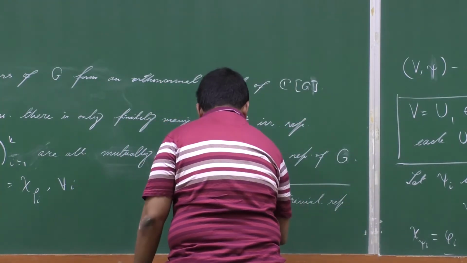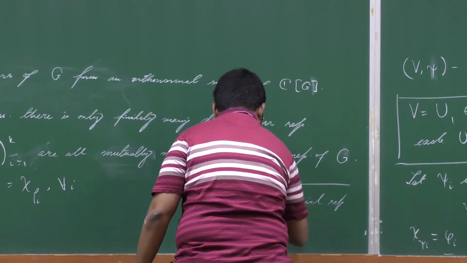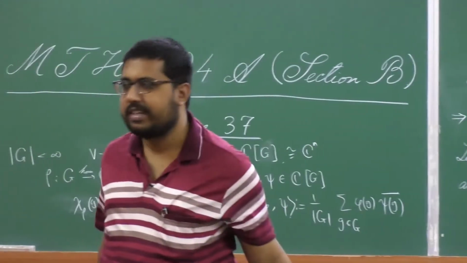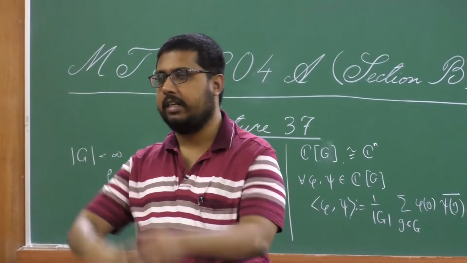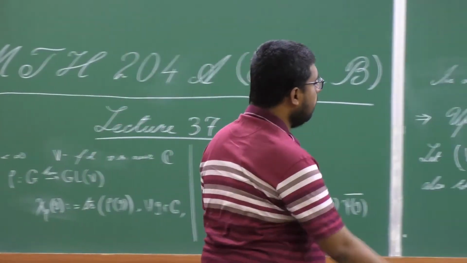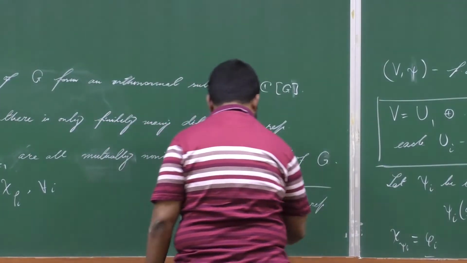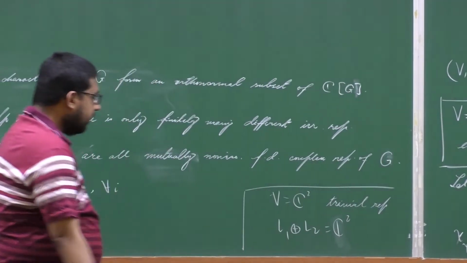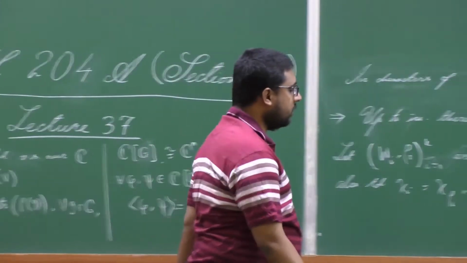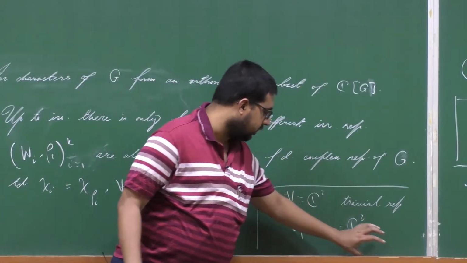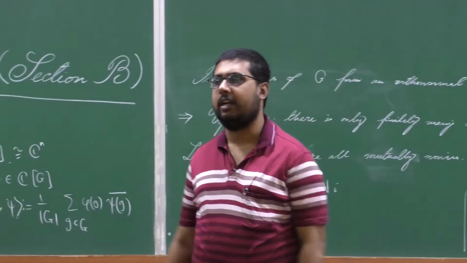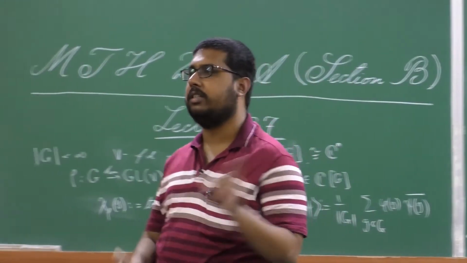Then if you take any line passing through the origin, that subspace is certainly G invariant, and therefore this is a decomposition of the representation into the sub-representations on L1 and L2. Whichever L1 and L2 you choose, any two distinct lines passing through the origin, that will work.